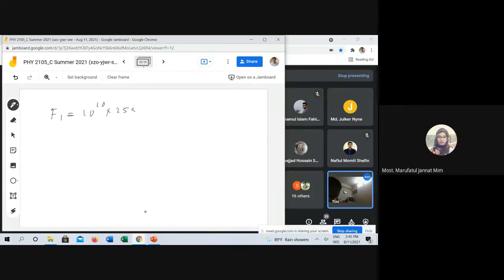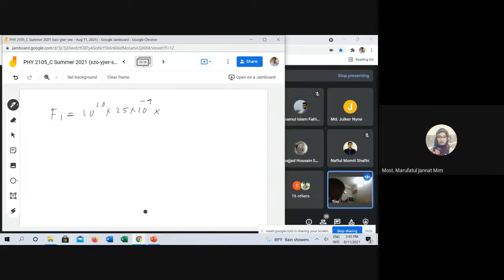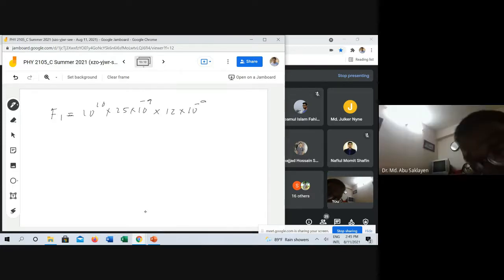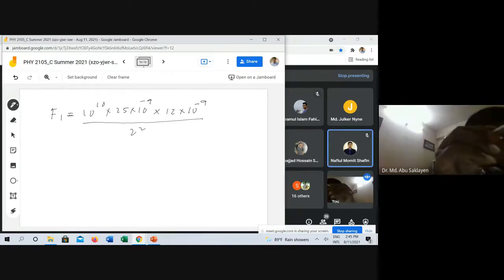Sorry, sir, I forgot to calculate this. So what did you calculate? ন্যানো কুলম্ব 10 to the power 9, ওই পাশে, তারপর এটা গুণ করে দিলে হবে স্যার। 9 divided by 2 square. ন্যানো কুলম্ব 10 to the power 9 না? জি স্যার, -9. Yes, -9.